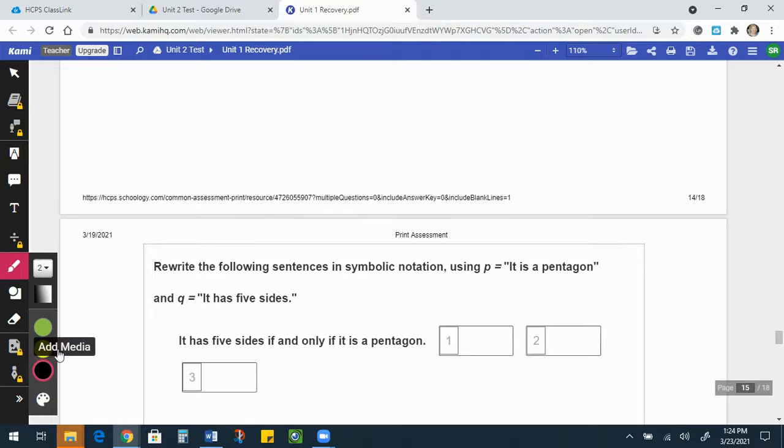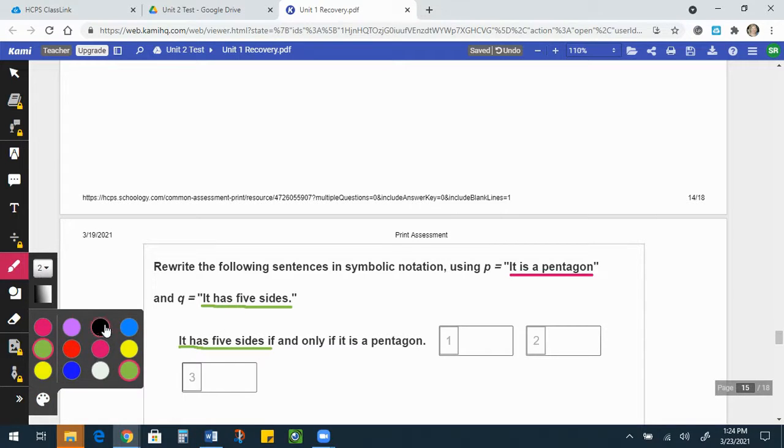All right, so if we see the words, it is a pentagon, we're going to replace that with P. If we see it has 5 sides, we're going to replace that statement with Q. All right, the statement is, it has 5 sides. I think that's a perfect match to Q. So in the first box, I'm going to put a Q.